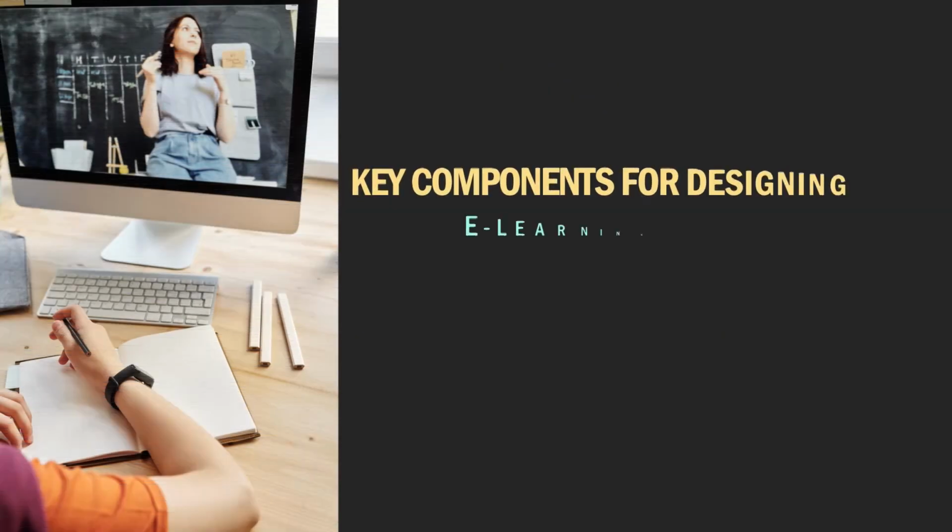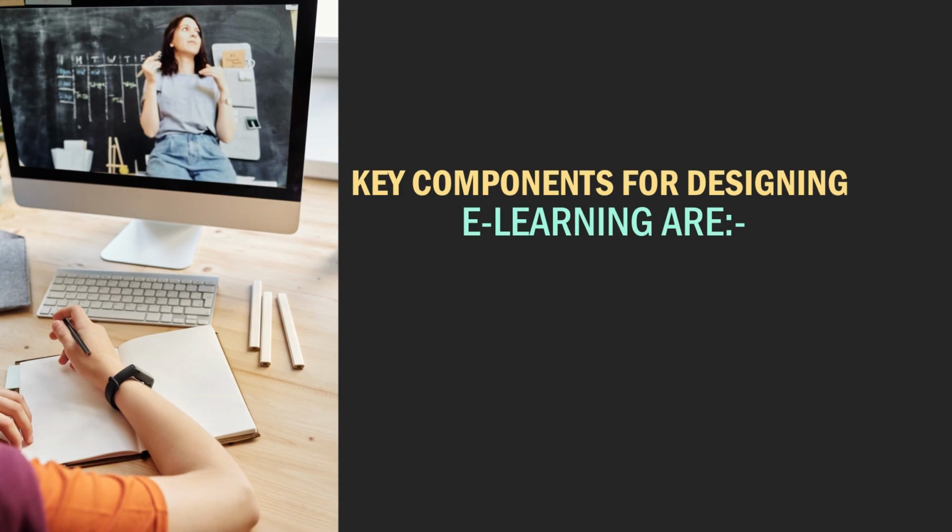Then coming to the different components. Key components for designing e-learning are: identify institutional demands, implementation, pedagogy and technology. Whenever we are designing any material, we should consider whether institutional demands require e-learning, what type of learners there will be, and then how to incorporate the instructional design model.